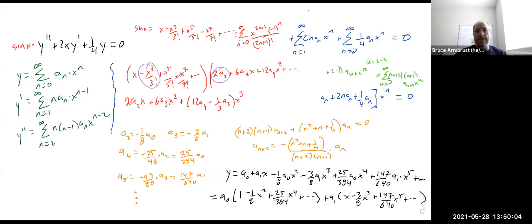So 3 factorial is a 6th times 2 is a 3rd. So we get that. And then you just keep going, and basically you go as far as you need, depending on what we're actually doing here, like how many terms you want for each of your fundamental set.